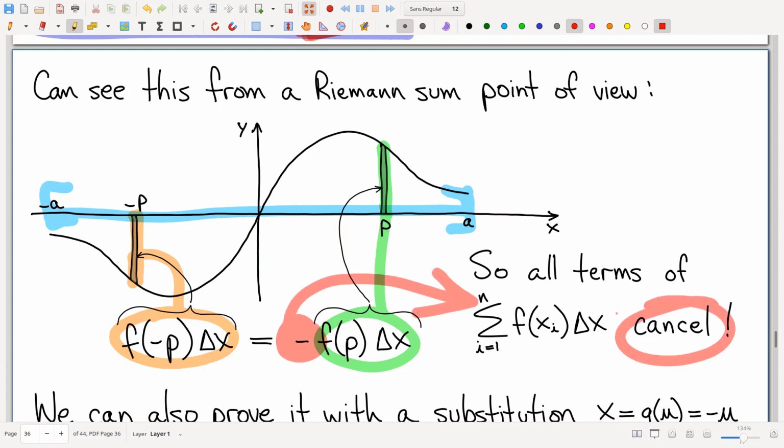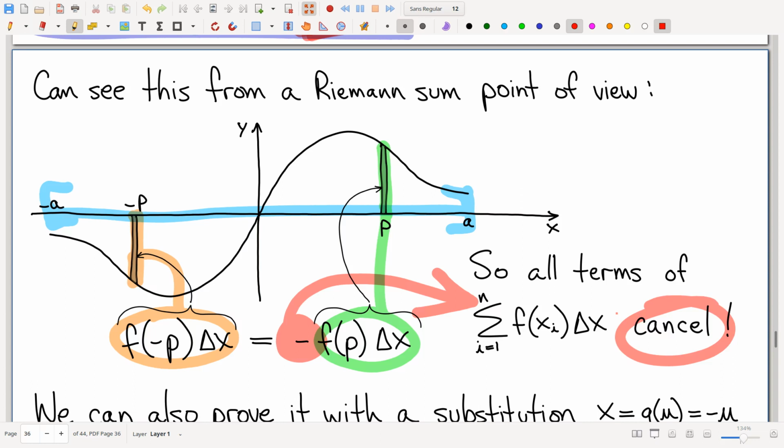And so those two terms are going to cancel in the Riemann sum. And because of the symmetry, every slice on the left cancels with a corresponding slice on the right, and so poof, puff of smoke, 0.